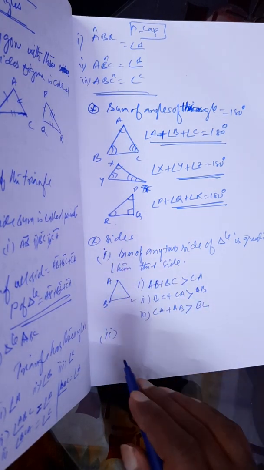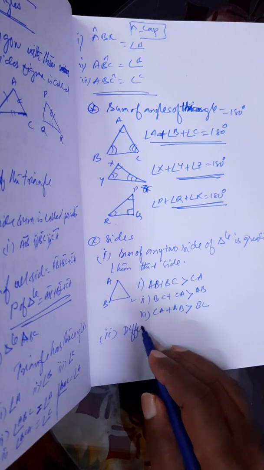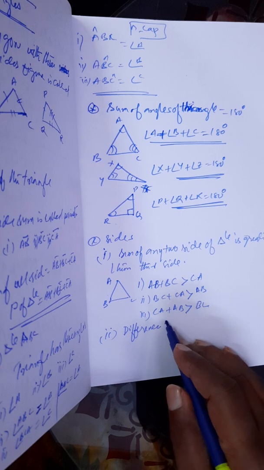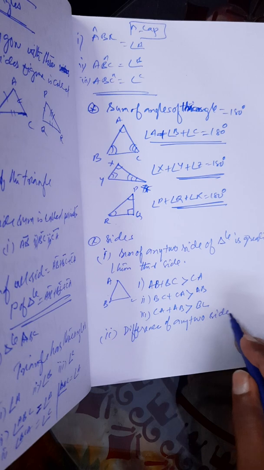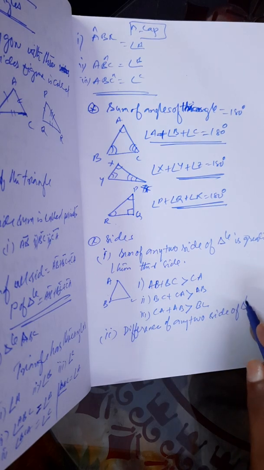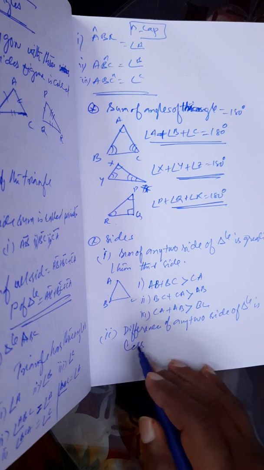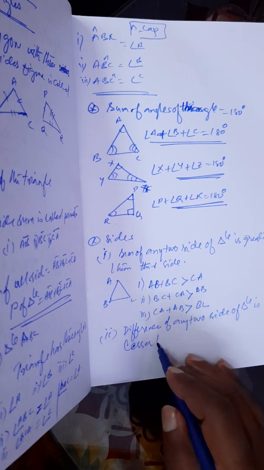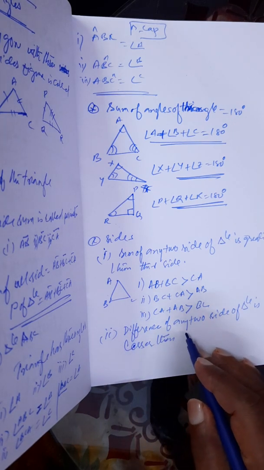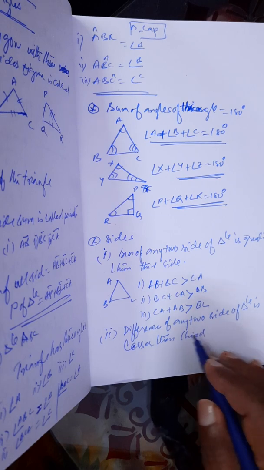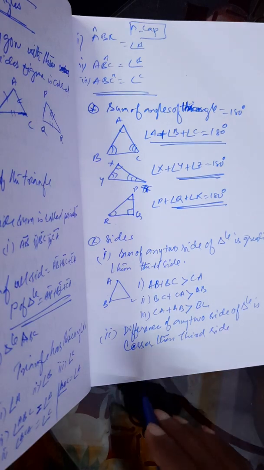Then the second point. This is your first, this is second. What is that? The difference of any two sides of a triangle is less than the third or remaining side.